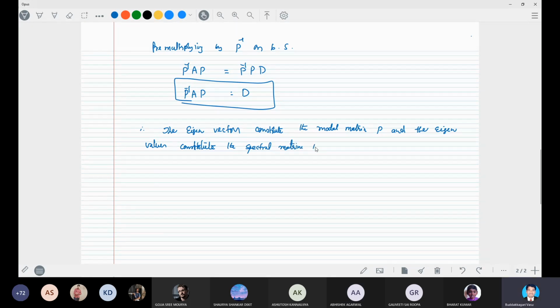Spectral matrix D. Right? So in this way we can diagonalize the matrices.